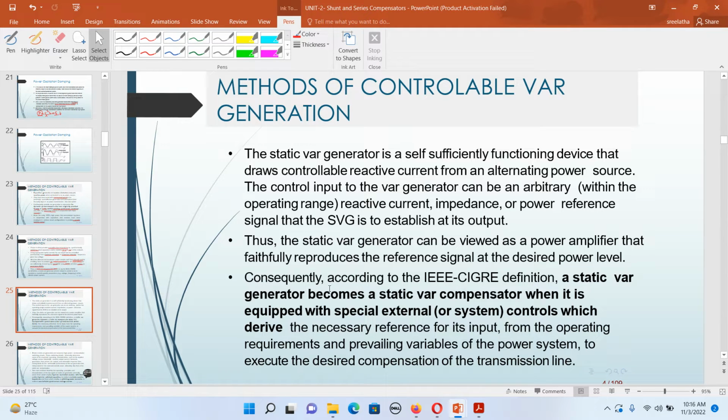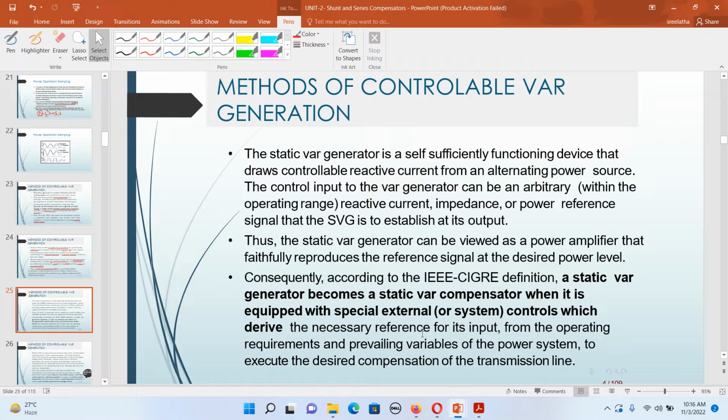According to the IEEE CIGRE definition, a static var generator becomes a static var compensator when it is equipped with special external system control.